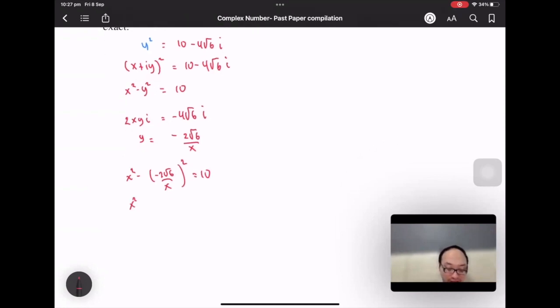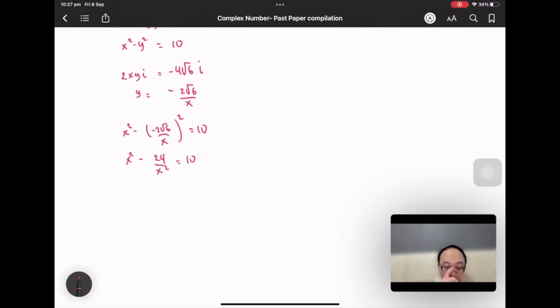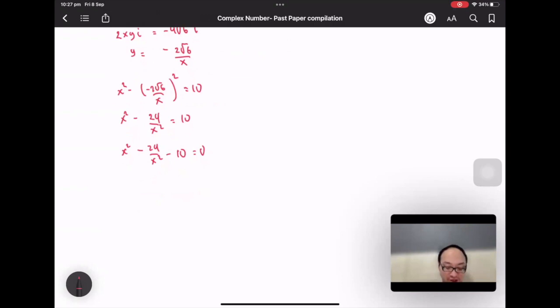So x squared minus 4 times 6, 24 over x squared, equals 10. So x squared minus 24 over x squared minus 10 equals 0. So x to the 4 minus 10x squared minus 24 equals 0.